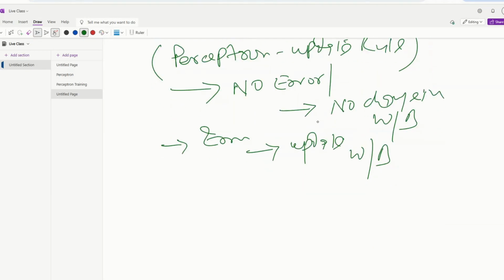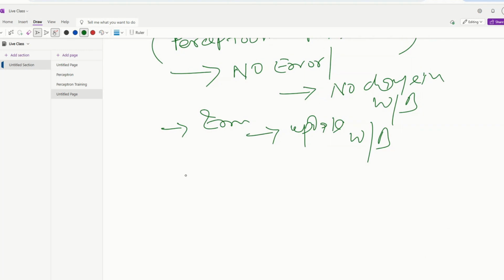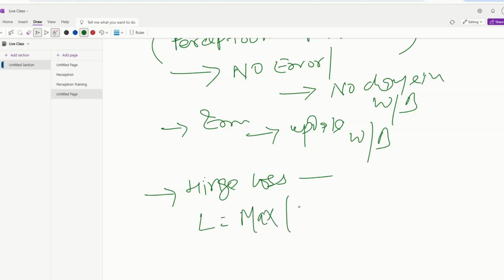we are establishing using the hinge loss function. Hinge loss is also saying the same thing: L is equal to max(0, minus y into (wTx plus b)). So this equation is also saying the same thing.